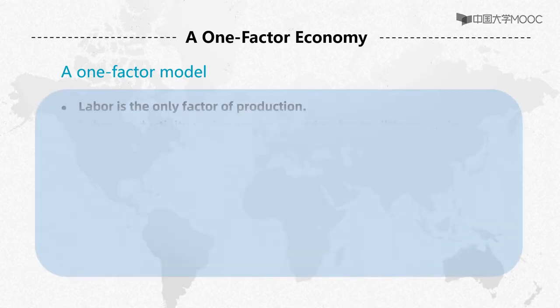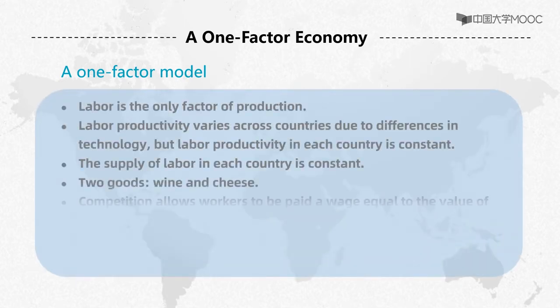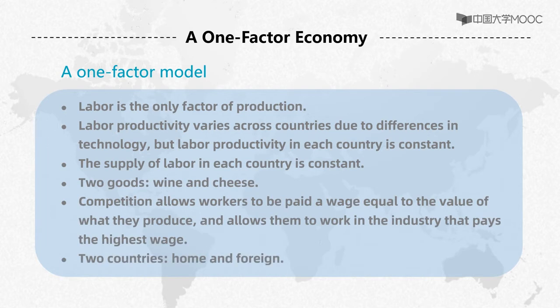Suppose country Home produces only two goods, wine and cheese. Like Adam Smith, it is assumed that labor is the only input of production in the Ricardian model.